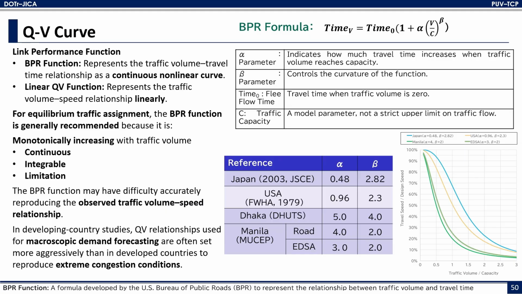It is to reproduce the extreme congestion conditions of urban traffic in those countries. However, more concisely, I suppose the parameter settings should be conducted according to actual traffic counts and travel speed surveys.